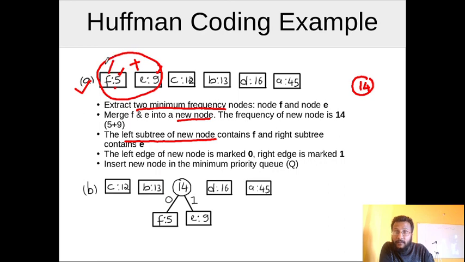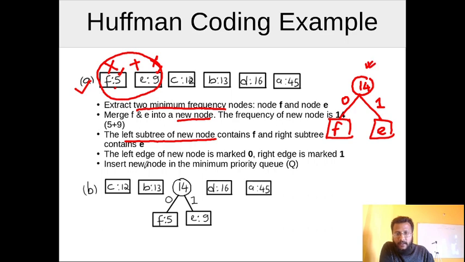So, I remove this from the queue. This goes as the left subtree here, F, and the second one goes as the right subtree, this is E. Both of these are removed from the queue. And the left edge of the new node is marked as 0 and the right edge is marked as 1. So, these 2 are removed and this is created.